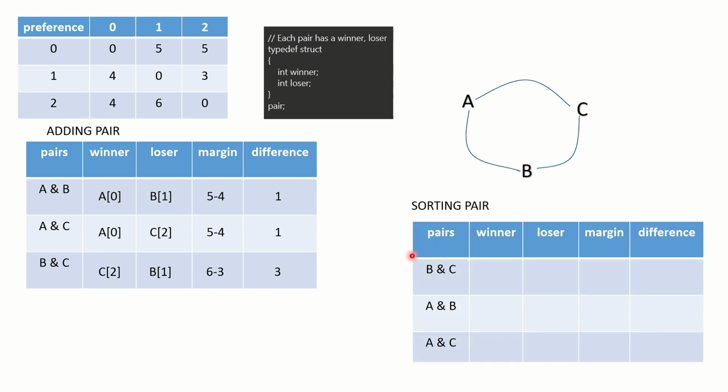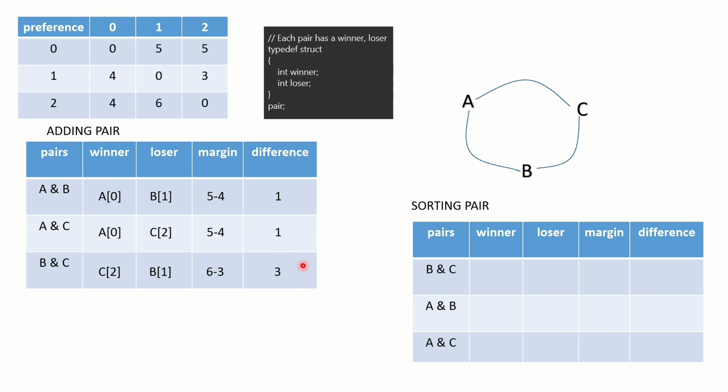Now we will sort the pairs. We have to sort pairs in the decreasing order of the strength of victory. That means the maximum difference will be at the top and the minimum difference will be at the bottom.